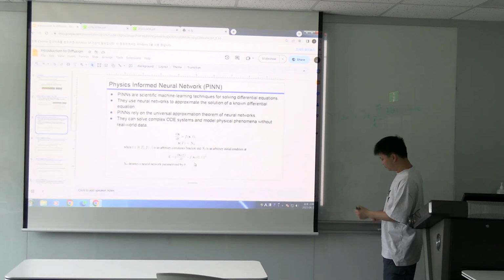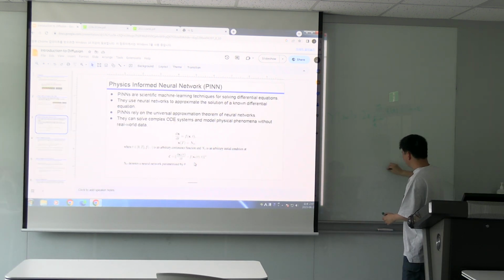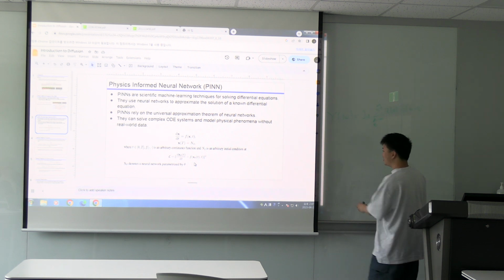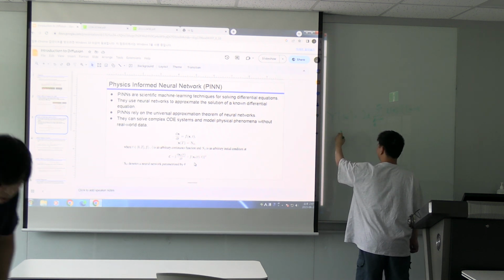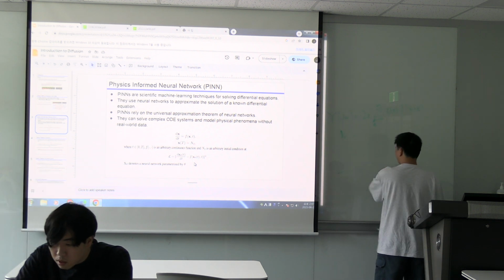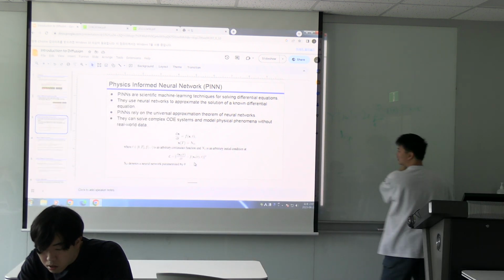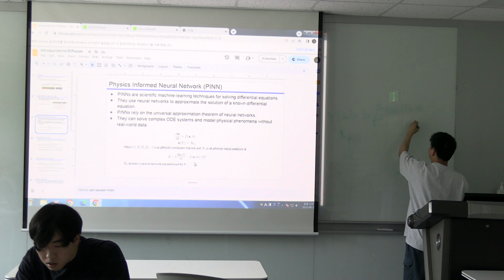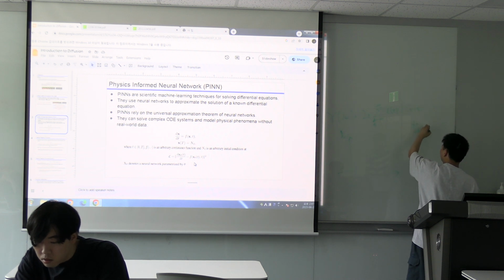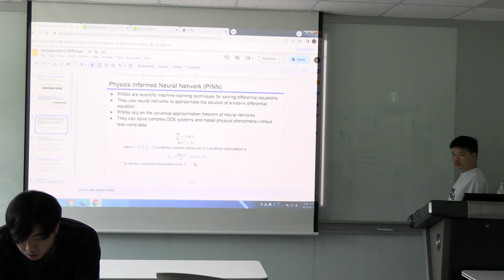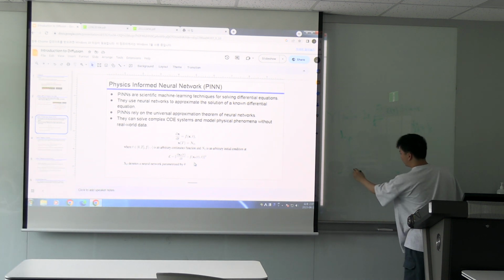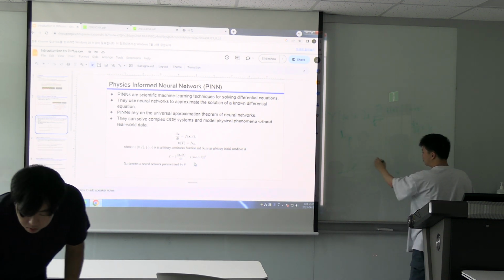Okay, simple case. Given an initial condition, let's say the ODE system dx/dt is equal to k. We know this is a linear equation, so we know the true f, but let's say the true f is unknown.